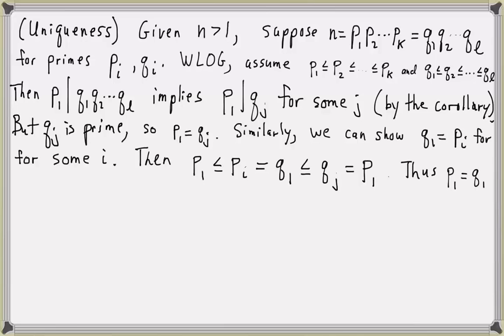And then in the first equation above, we can divide both sides by p1. So n divided by p1, or q1, equals p2 times p3 up to pk. And if I divide the q's by p1 or q1, I get q2 times q3 up to ql.